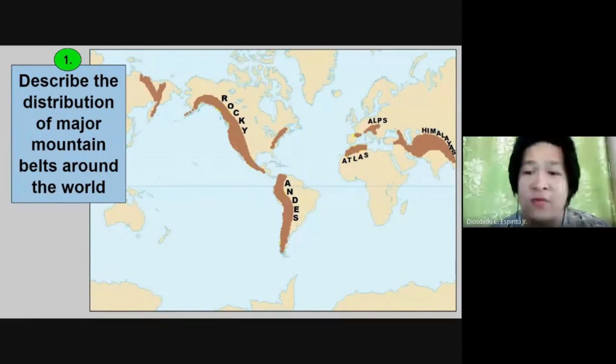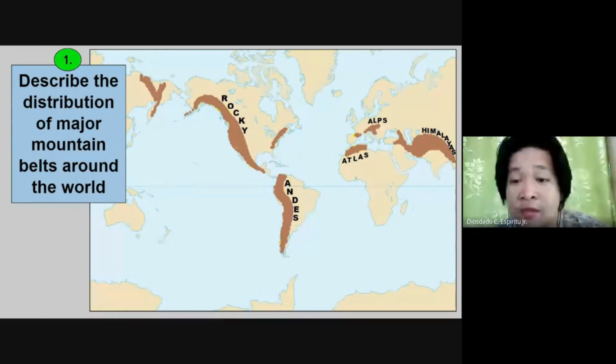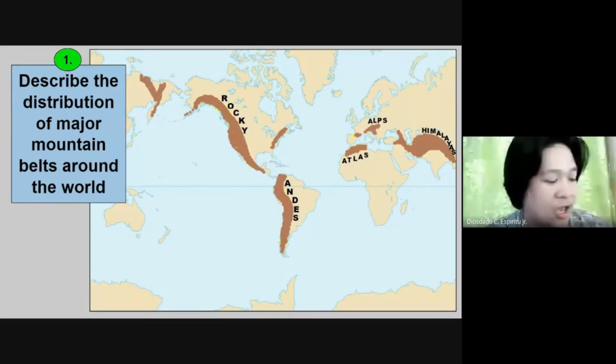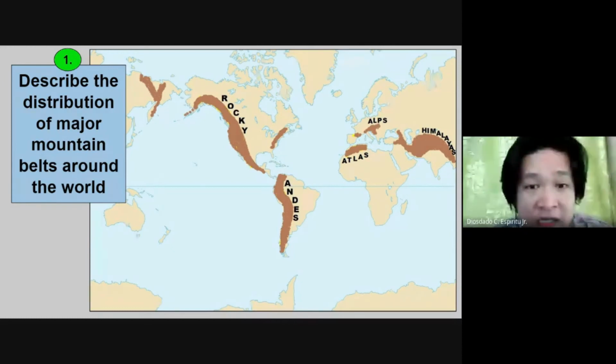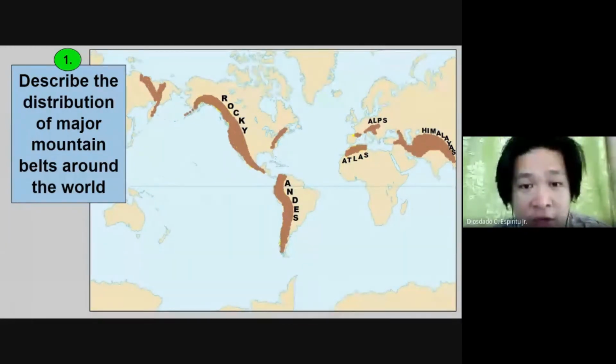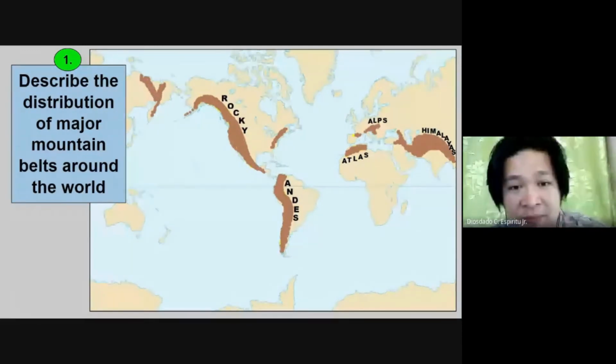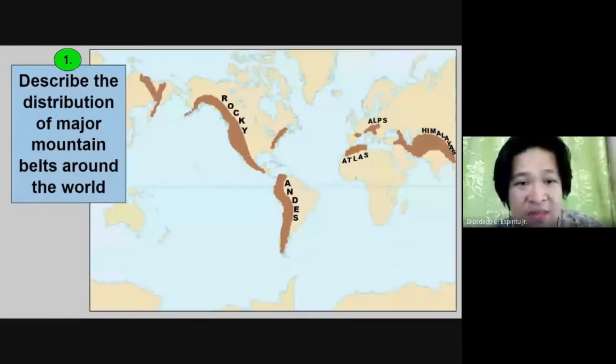In which continent can we find the Himalayas mountain range? Okay, yes. So it is found in Asia. And which part of Asia can we see the Himalayas mountain range? As you can see, if that is Asia, it is basically at the bottom part, and it is basically at the edge of this continent.